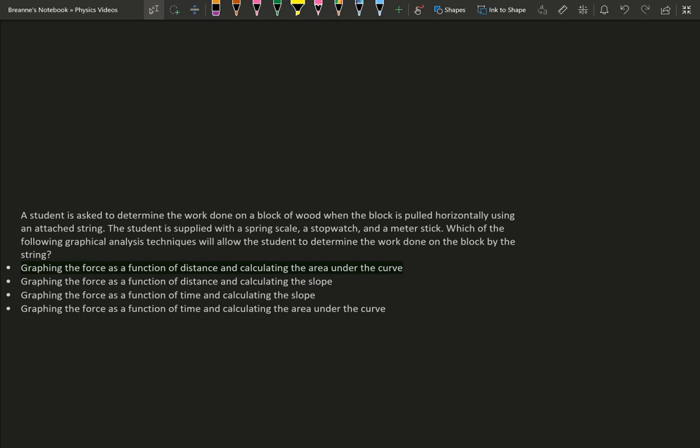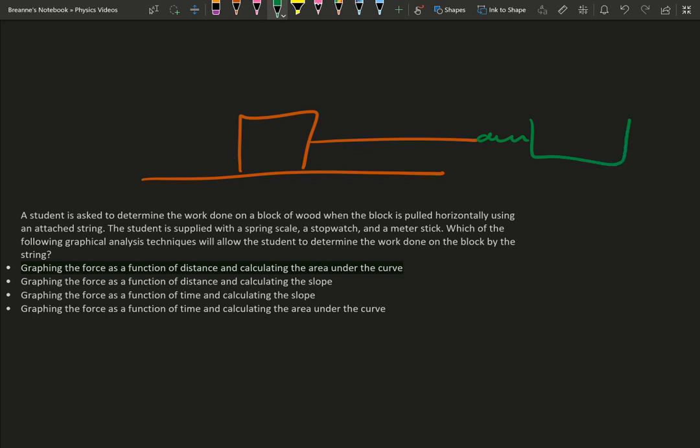So to give you an idea of what we're looking at here, just a block with a string. Now on the string we have a spring scale. Basically it's a spring that tells you how much force you're pulling it by.